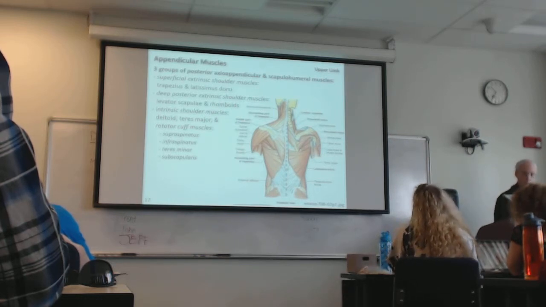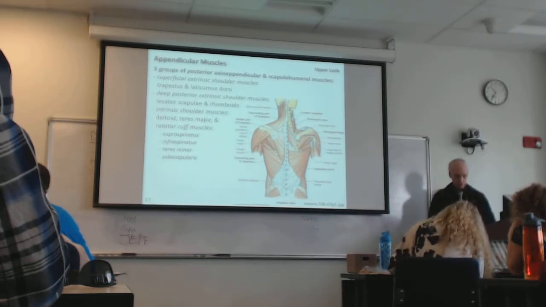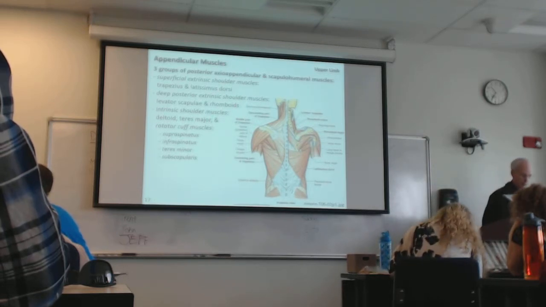The levator scapulae attaches from the cervical transverse processes down to the scapula. And the rhomboids, both superior and inferior, act to elevate the scapula.